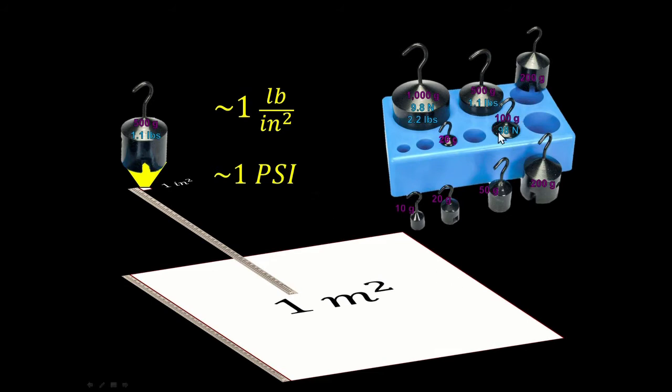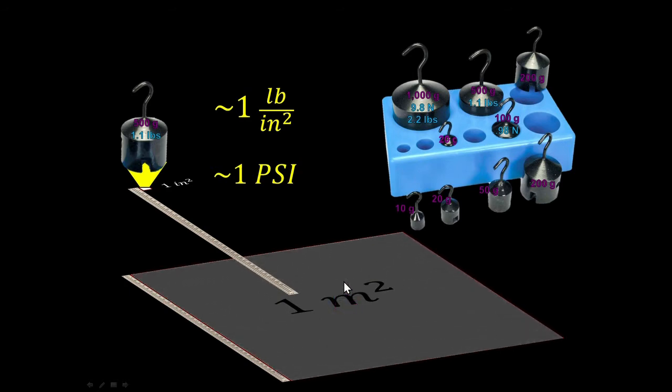And if I took this one here, 100 grams, that's 0.98 newtons. That's pretty darn close to 1 newton. So let's take 1 newton and set it here. But we want to take that force of almost 1 newton and distribute it over the 1 square meter.